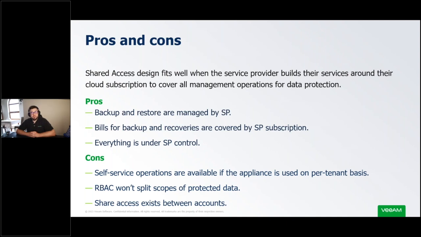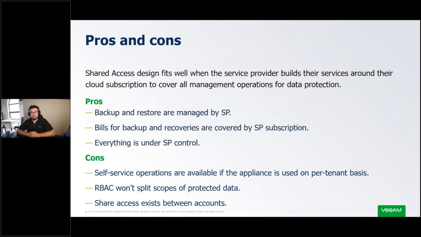Cons of it: self-service operations are available only if used on a per tenant basis. So you can redraw the scheme and cover appliance, workers, and repository on your own, but you will not share any other resources between your tenants.